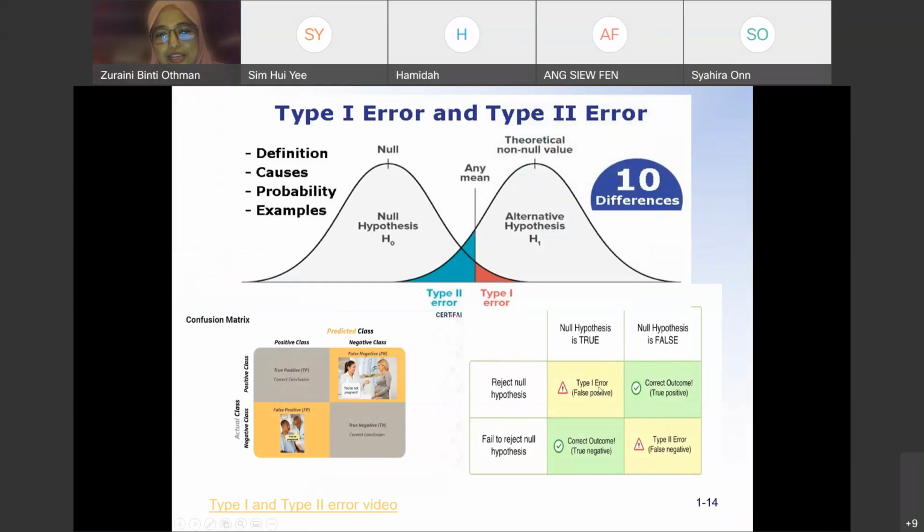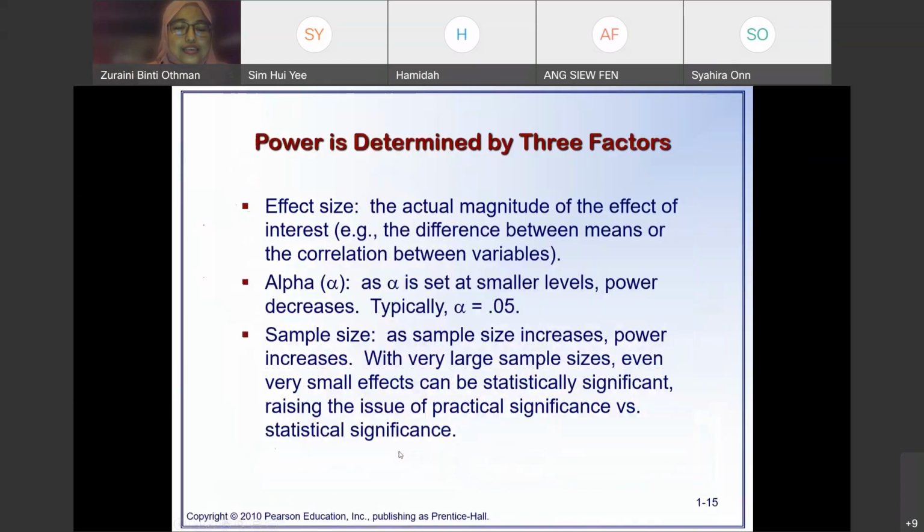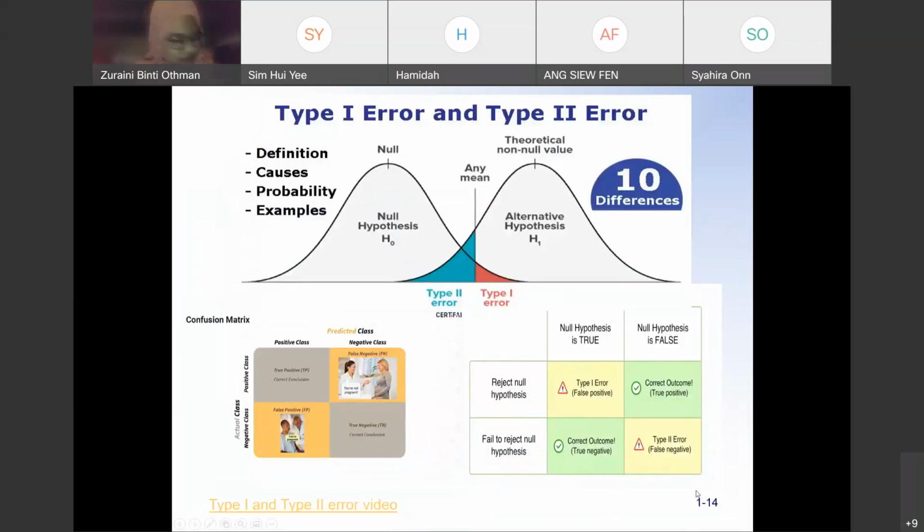Which is the type 1 error here? He doesn't invite her even though the woman loves him back. This is the type 1 error just now. Put it back in this table. Then you can find what fail to reject and reject mean. That's easier. Okay, then I will continue our lecture.